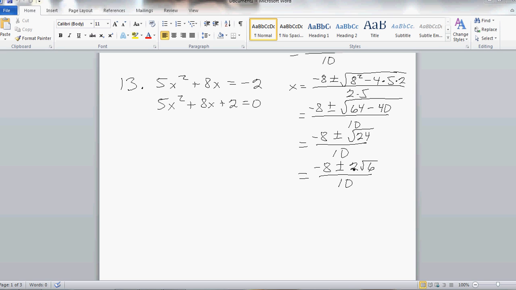Now we look, the 8, the 2, and the 10 all can simplify by a factor of 2. So we're going to do so. Negative 4 plus or minus square root of 6 all over 5. And there is our final answer for number 13.